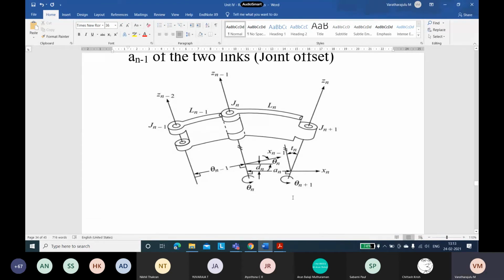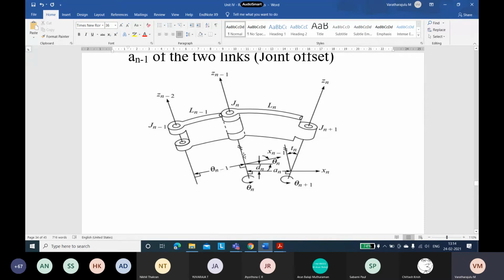Okay, you listen during drawing. Here we have AN. This AN is the distance between these two particular axes. AN is defined as the distance along the line that is mutually perpendicular to the axis of two adjacent joints. Here we have the axis of Zn minus 1.